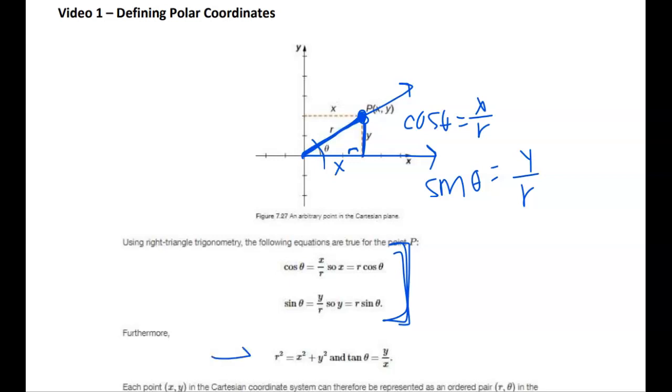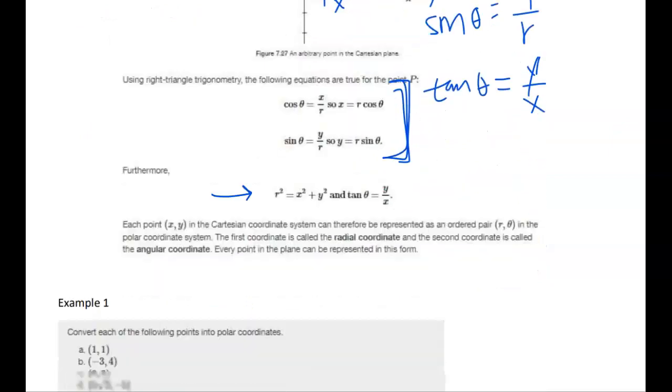And because of the unit circle and just circles in general, we know x squared plus y squared is going to be r squared. And then also the other trig that we would know here is that tangent must be y over x, right?